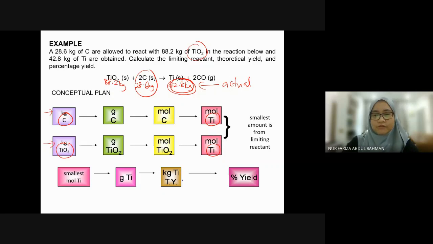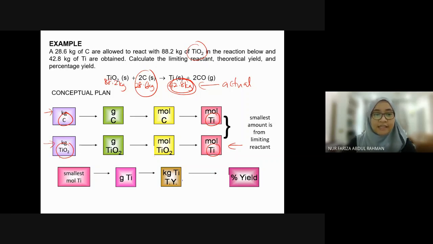Okay, what next? Next is to compare between these two amounts of titanium, which one has the smallest amount of product formed. Which one will produce the smallest amount of product? So the one that produces the smallest amount of titanium means this reactant, whichever one, let's say titanium oxide produces the least amount of titanium.